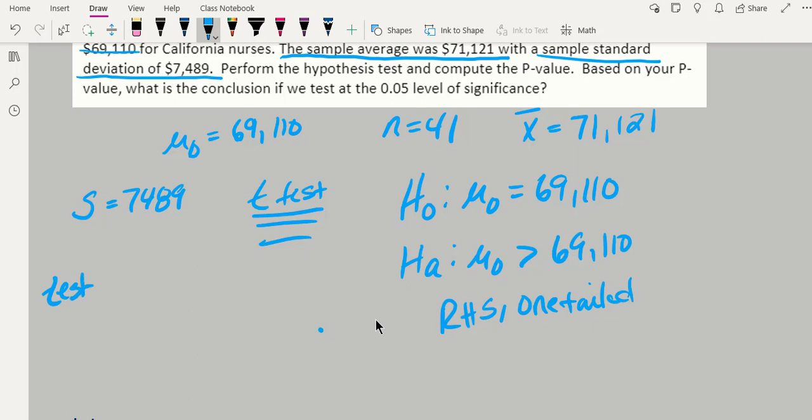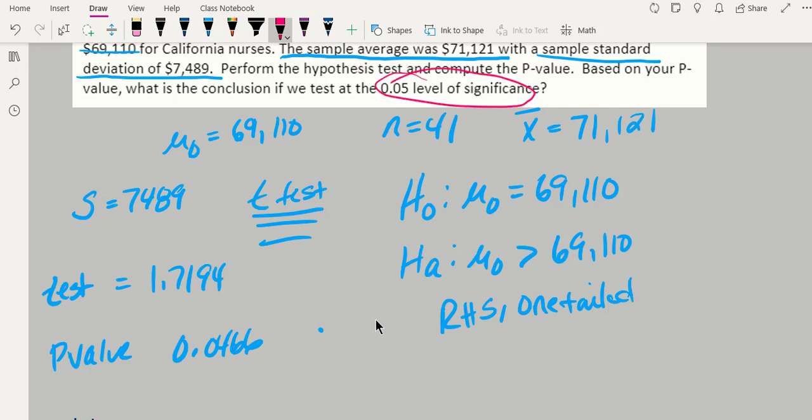Okay, so based on this, what we need is that test statistic, 1.7194, and our p-value, 0.0466. Now, since we are doing a hypothesis test, we want to compare that with our significance level. And this time it is 0.05. So is 0.0466 less than or greater than 0.05? It is less than.